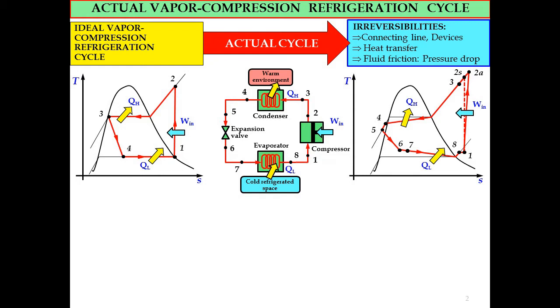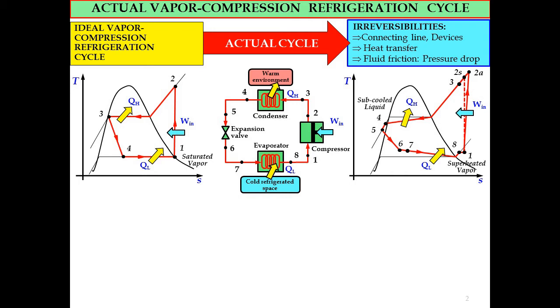For each state we will have a different phase compared to the ideal vapor compression cycle. In the actual TS diagram, state 1 at the inlet of the compressor is superheated vapor, whereas in the ideal TS diagram, the inlet phase for the compressor is saturated vapor.